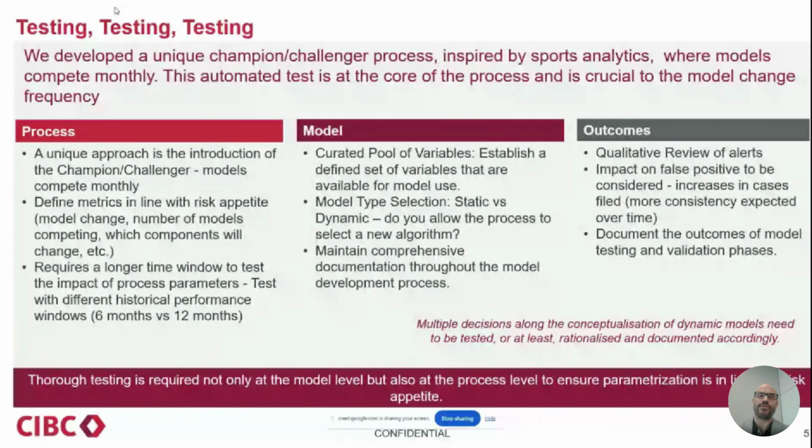And this is not just true for dynamic models, but as someone that went through a lot of implementation of models, I think that sometimes people overlook that our models tend to be pretty good, right? That's why we implement them. So having a dynamic model, we know that that level of performance will be maintained. So you will reduce your false positives considerably.